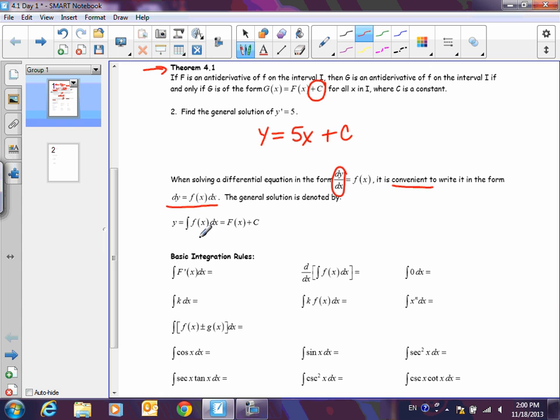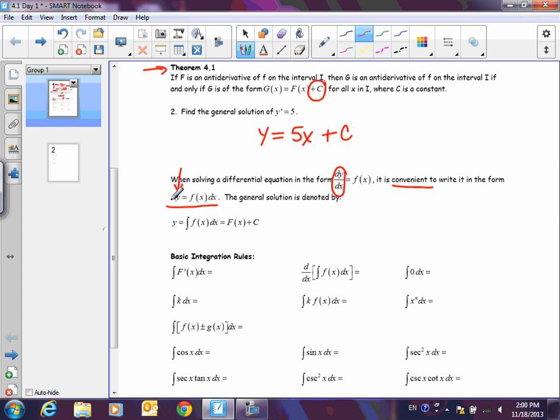Why are they there? How do we get from dy over dx equals f of x to dy equals f of x dx? What algebraic step happened? Multiply both sides by dx. So, in other words, this is just a particular way to write it to answer questions about it: dy equals f of x dx.